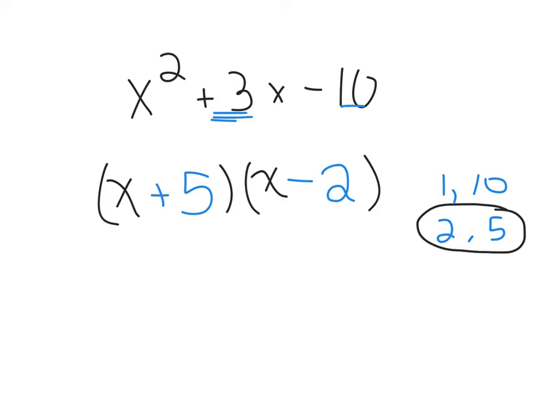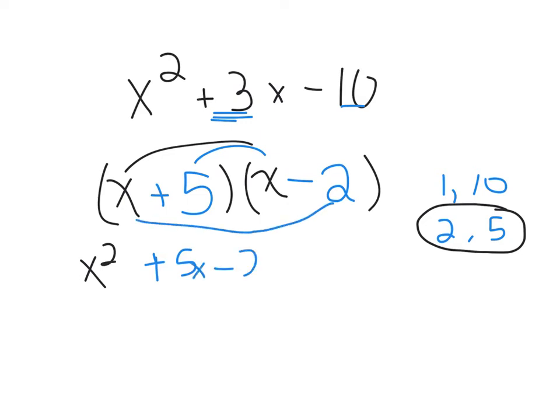And if we think about foiling out, x times x is x squared, we have positive 5x, negative 2x, and then of course the negative 10. And that positive 5x and negative 2x will get us back to that positive 3x.